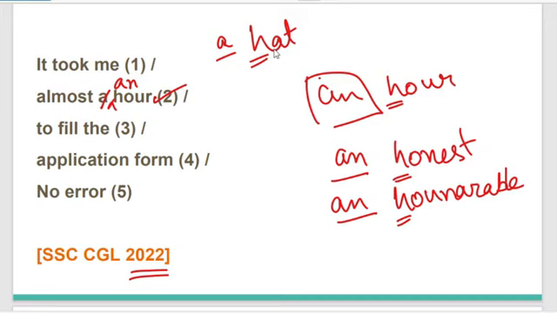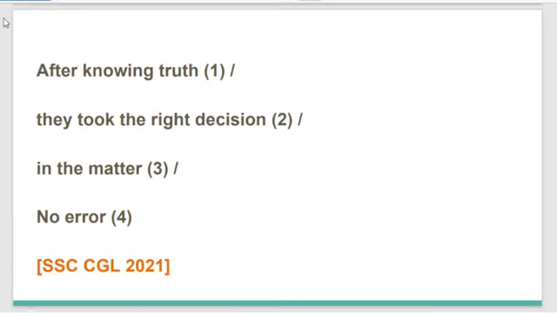Now this is a very easy and one of the ancient English knowledge that we have gained at a very young age, in class 2 or 3. I hope the sentence is clear, and moving to the next question.